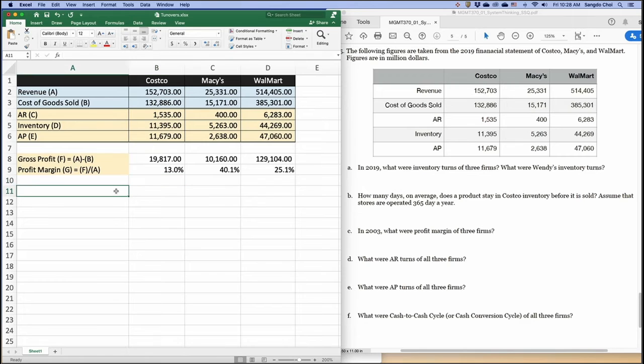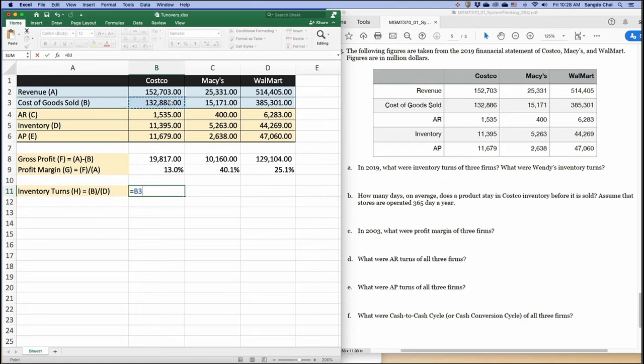Now we want to compute other activity ratios. Secondly, I want to compute inventory turns. Inventory turns, I will give label H. H is equal to cost of goods sold divided by inventory D. Then how can you compute this inventory turns?